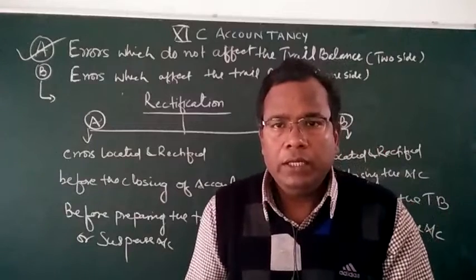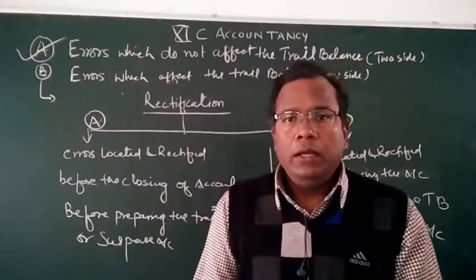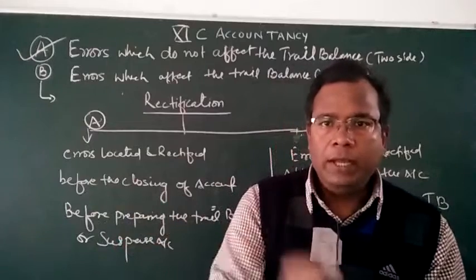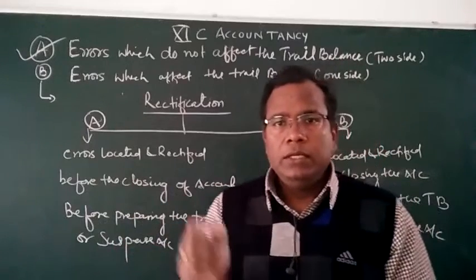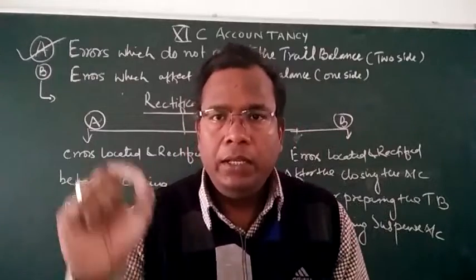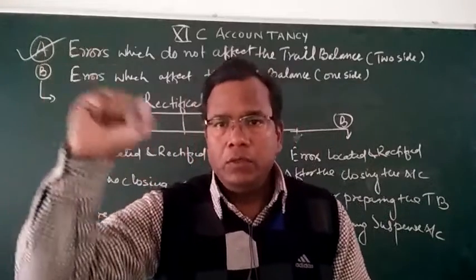So if the errors are located before the preparation of the trial balance, the errors can easily be rectified by making the entry in the books of accounts where the errors are located.